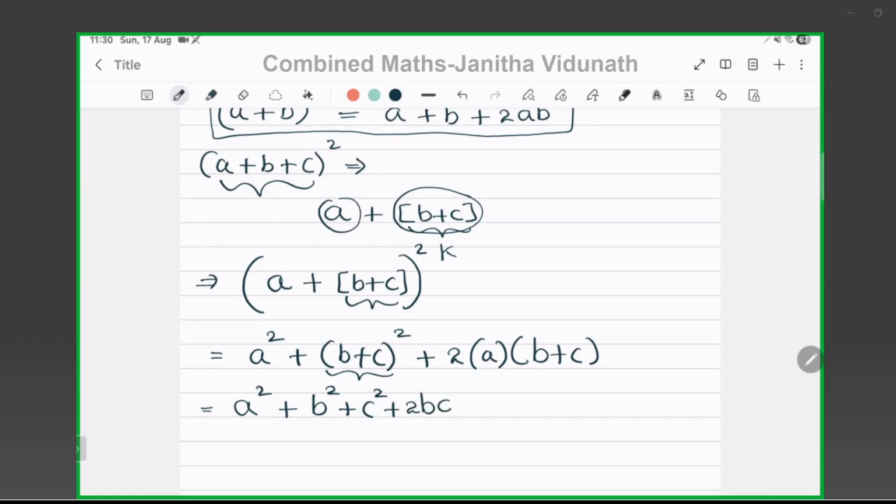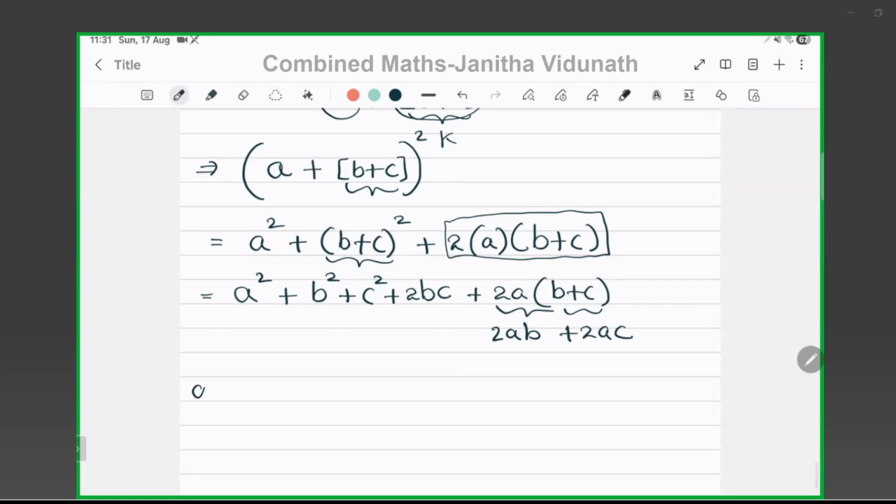Then we can simplify this bracket. Then we have 2a times (b plus c). Here we have 2ab plus 2ac.